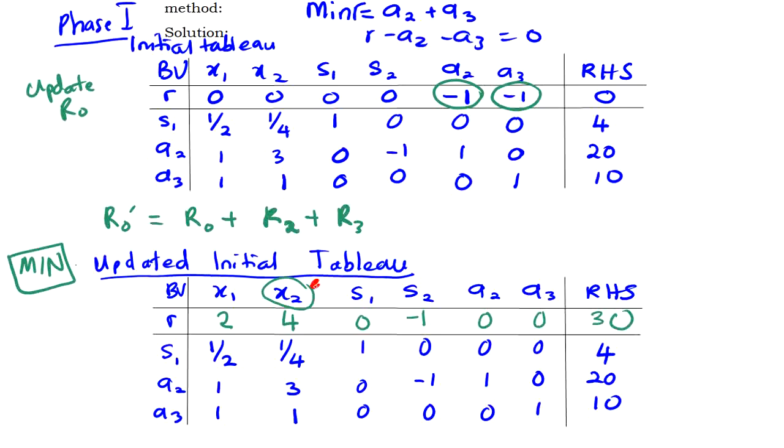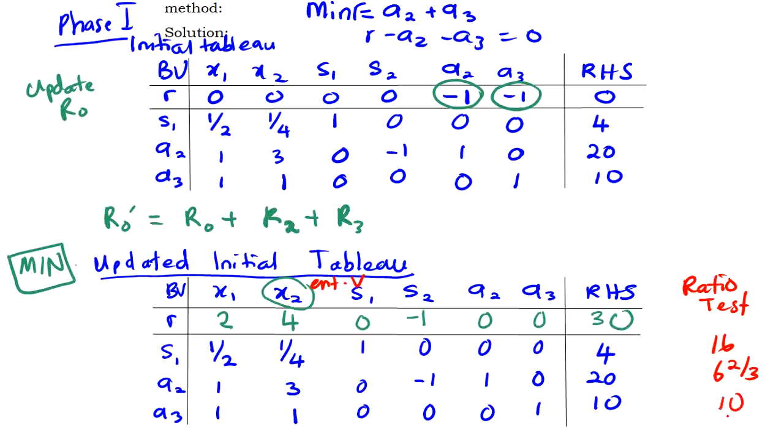So x2 is the entering variable, and then by using the ratio test, 4 over 1 we get 4, 20 over 3 we get 6 2/3, 10 over 1 we get 10.